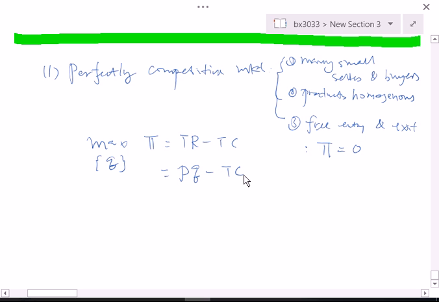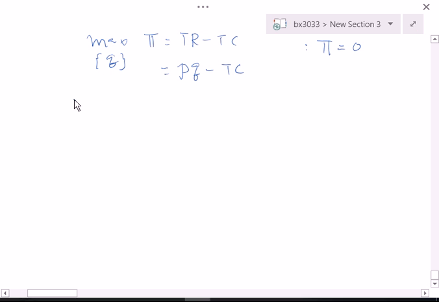In order to solve this problem, in order to find out what is my optimal output, we can think in terms of margin. Basically, there are 2 important tools here.